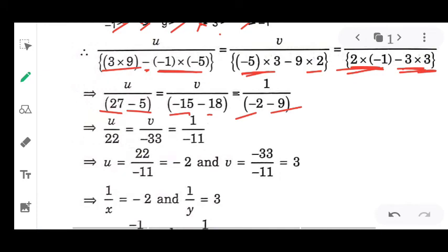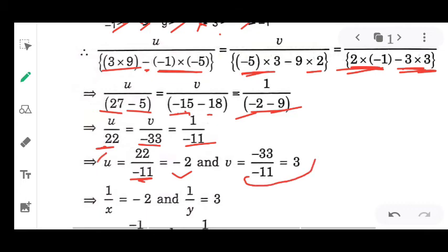So 27 minus 5 is 22, then -15 minus 18 is -33, and -2 minus 9 is -11. So u equals 22 by -11, equal to -2, and v will be -33 by -11, that is 3.